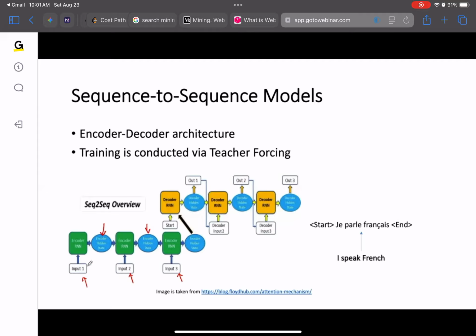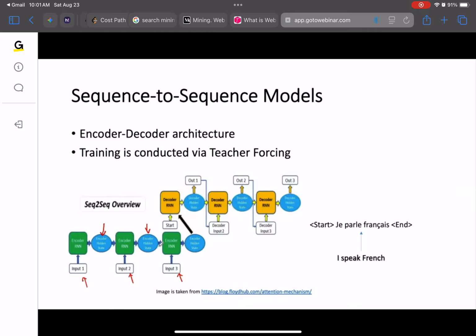Here we have one other word, but in general, any encoder hidden state captures the content of the words that have occurred previously. That's the intuition behind the encoder hidden state. It basically provides the entire context of all the words that have occurred previously.